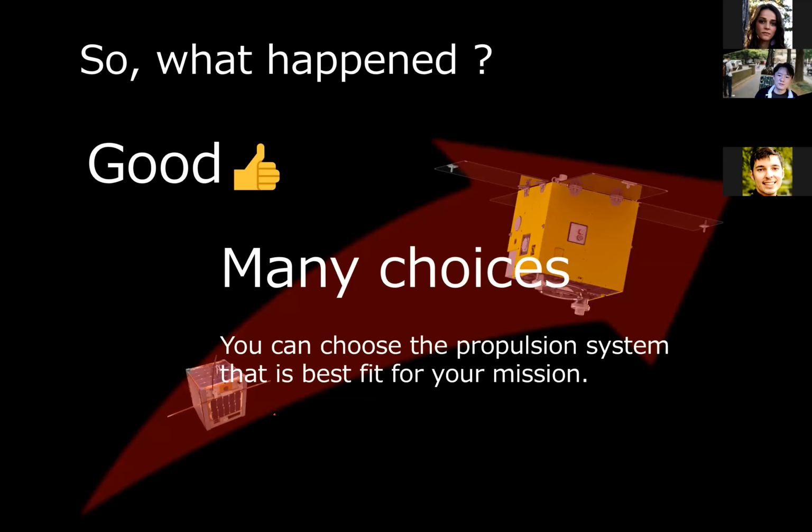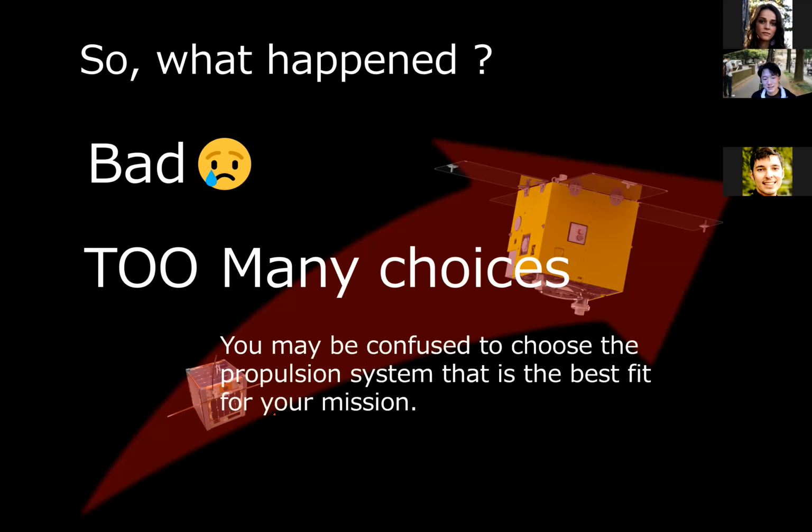So of course, the good point is now we have many choices. You can choose a propulsion system that would be the best fit for your mission. So it's very nice. However, there's a disadvantage: too many choices. So you may be confused choosing the best propulsion system for your mission.